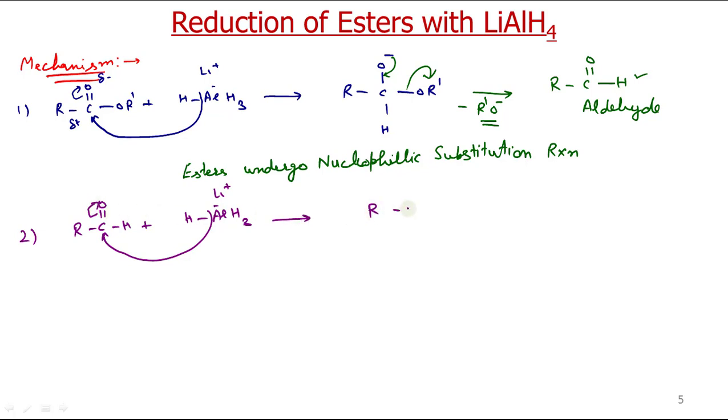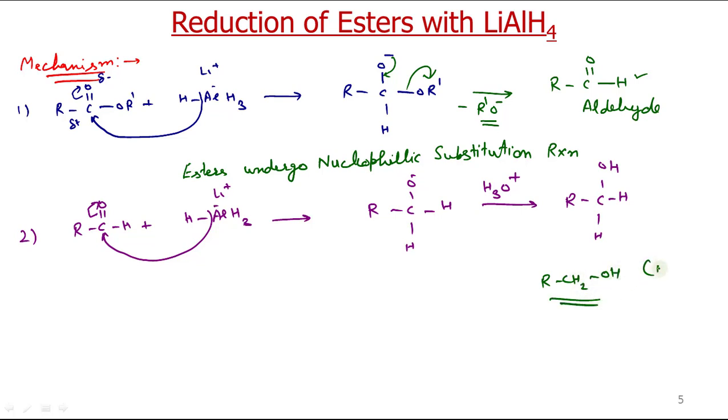You will get RCO negative H, and upon acidic hydrolysis, I am not discussing the detailed mechanism because we have already discussed it, it will abstract a proton, so you will get RCH2OH, primary alcohol.